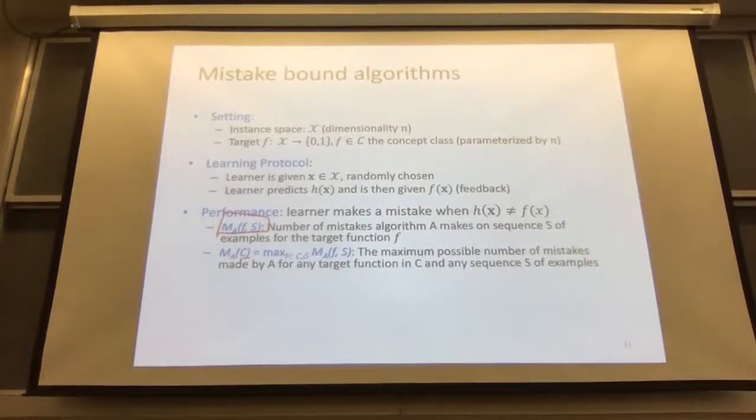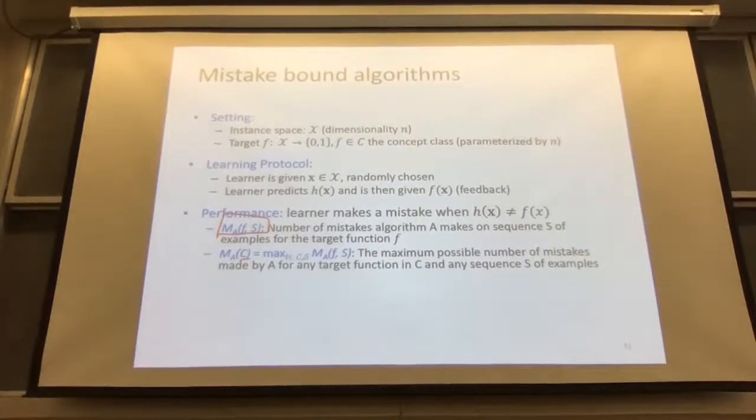Let's pretend that we assume an adversary that is infinitely powerful. The only restriction that the adversary has is that it has to explore only this concept class. It can only choose functions from within this concept class. That's the only constraint on the adversary.